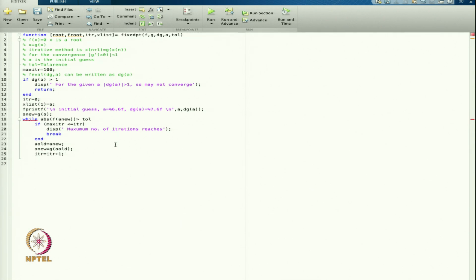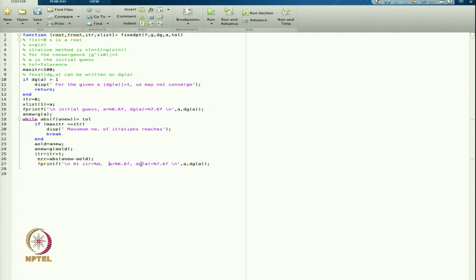And then from here I can maybe show what my error is. So, I can write my absolute error, if it is needed, A new minus A old, and then from here I can write my printf. So, I can write that at iteration ITR is equal to percent d, my A is this one.